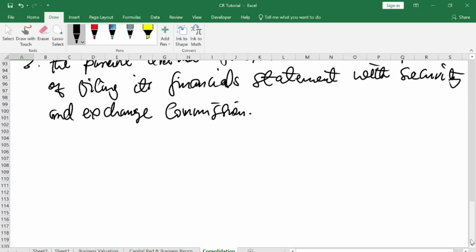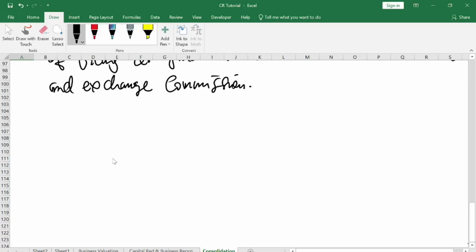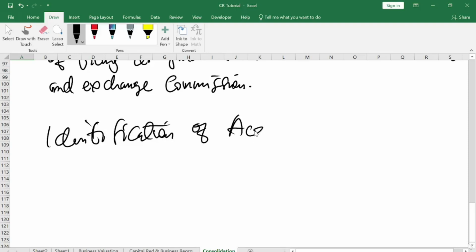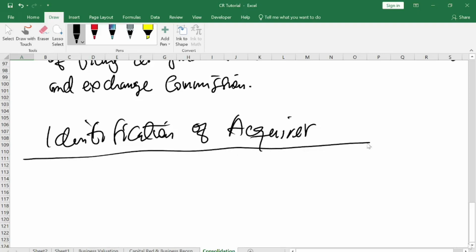Now, when a company is going to acquire another company, the one who is acquiring is called the acquirer, right? So let us see identification of the acquirer.